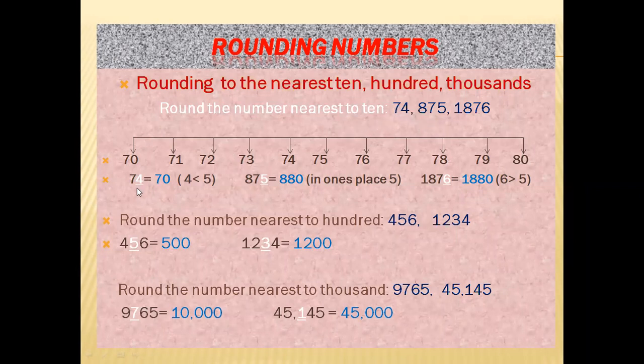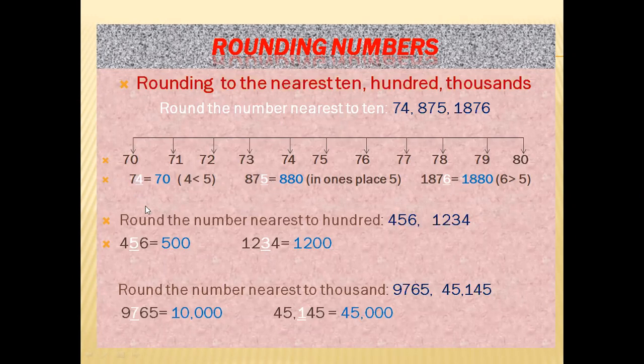See the first example, 74. If you round a number to the nearest 10, first you have to see the digit in the ones place.